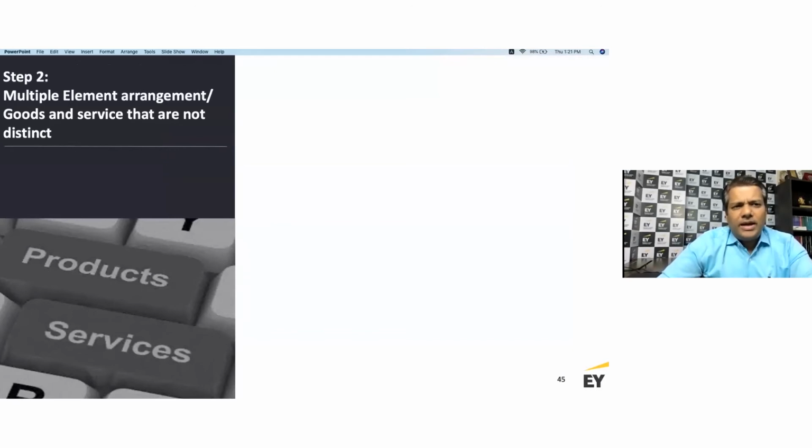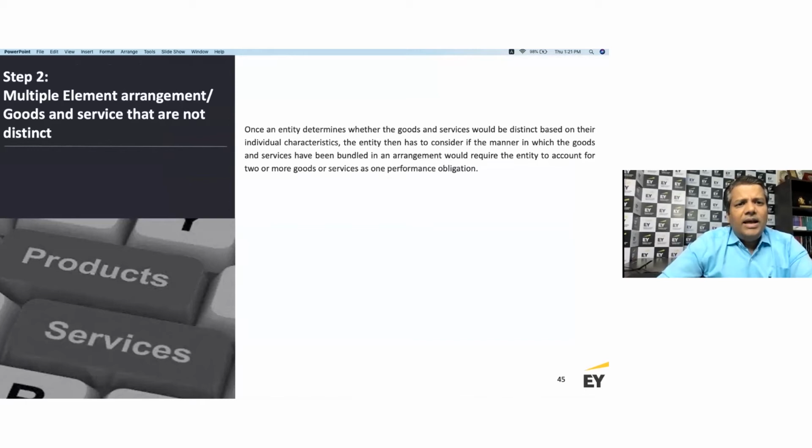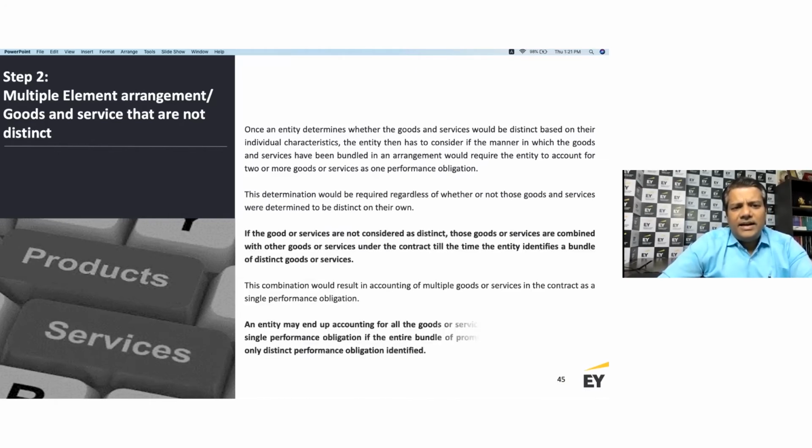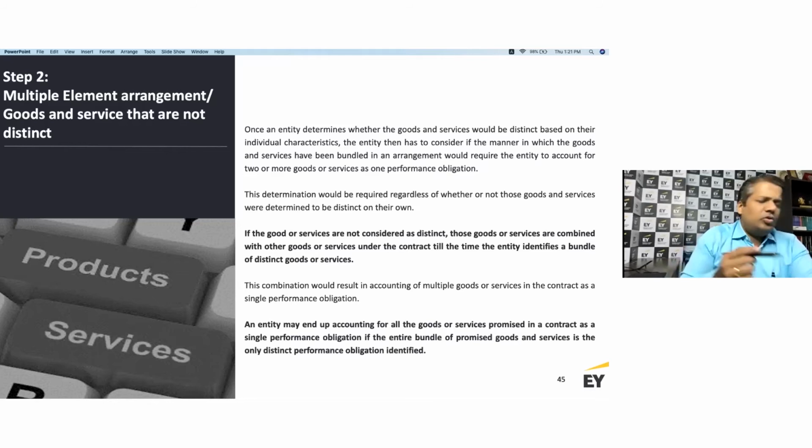So let's look at multiple element arrangements that are not distinct. Once an entity determines whether the goods and services are distinct based on their individual characteristics, the entity then has to consider the manner in which the goods and services have been bundled in an arrangement, and whether that would require accounting for them as two or more performance obligations.